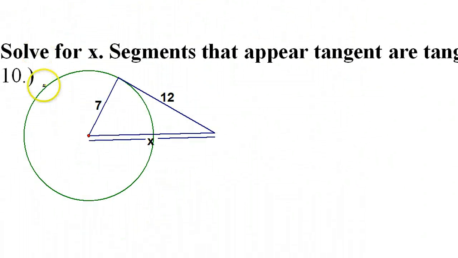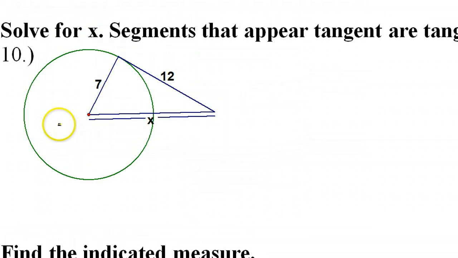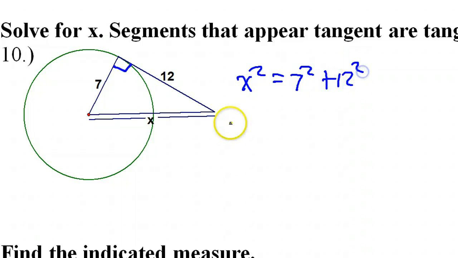Okay, number 10. Solve for x. Segments that appear to be tangent are tangent. Well, like I said, if this is a tangent, that makes this 90 degrees, and we can do the Pythagorean theorem. So x squared should equal 7 squared plus 12 squared. Okay, let's see. 7 squared plus 12 squared.